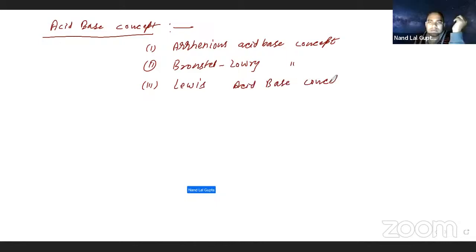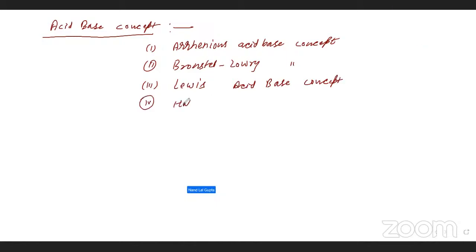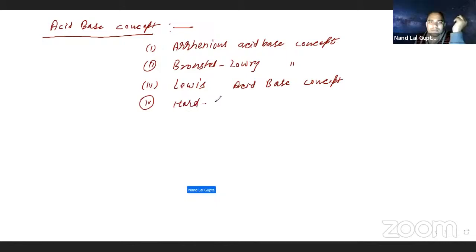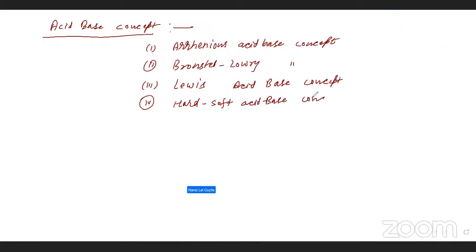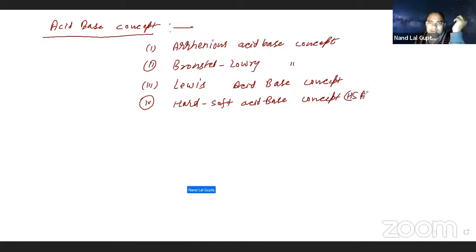One more is there, but that is not in your syllabus: hard and soft acid-base concept, whose full form is HSAB. So these are the acid-base concepts that are involved in the ionic equilibrium.